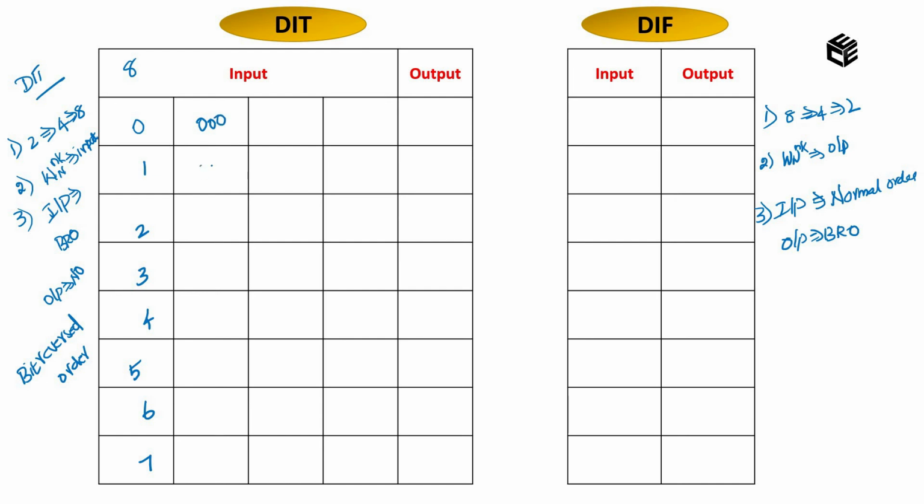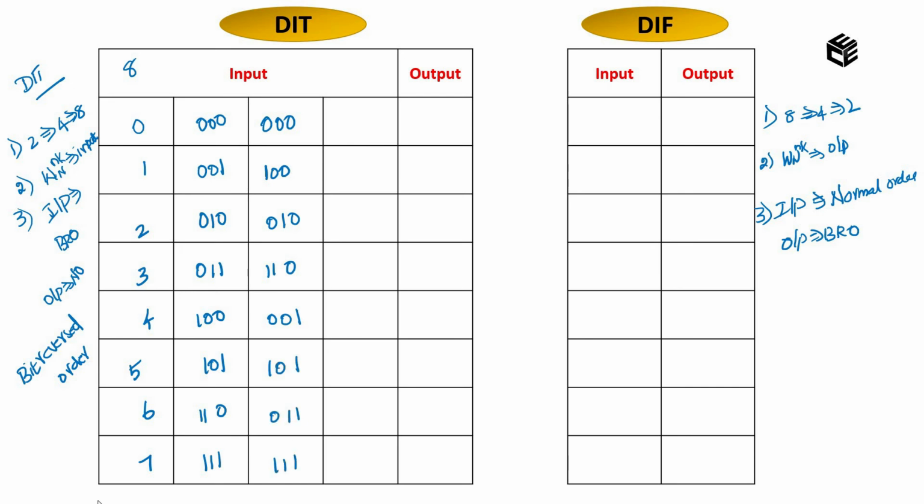Binary equivalent for 1 is 0, 0, 1, then 0, 1, 0, then 0, 1, 1, then 1, 0, 0, then 1, 0, 1, then 1, 1, 0, and 1, 1, 1. Okay. Now I am going to reverse this. Reverse this in the sense 0, 0, 0. 0, 0, 1 can be written as 1, 0, 0. 0, 1, 0. 1, 1, 0. 0, 0, 1. 1, 0, 1. 0, 1, 1. 1, 1, 1.